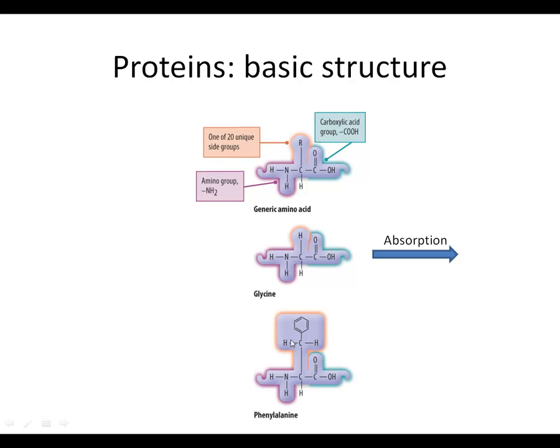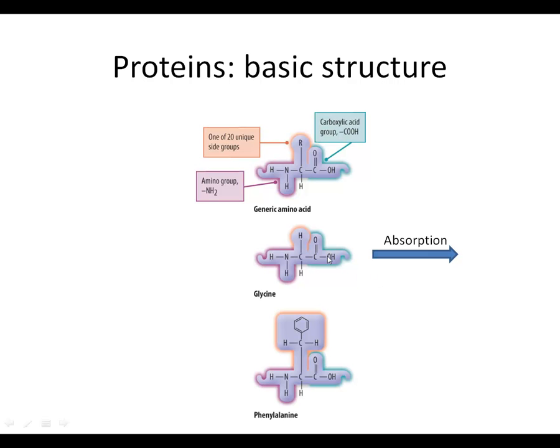But this is one of the more complicated ones. This is phenylalanine, and you can see that the group that is up here attached to that central carbon is this big old phenyl group. It's a big hairy ring structure. Any one of these can be absorbed as is without further modification.